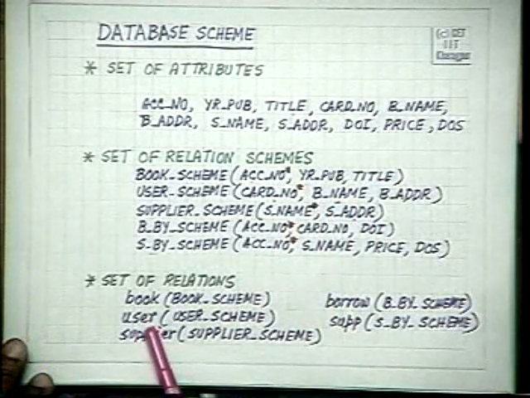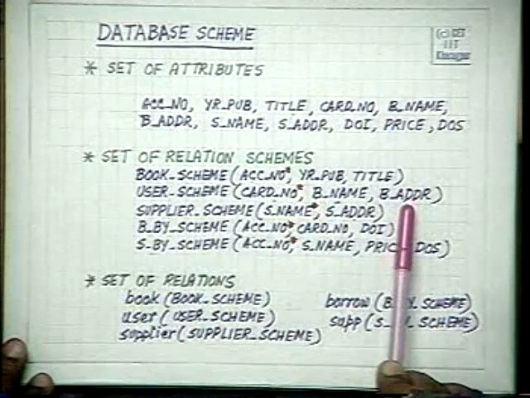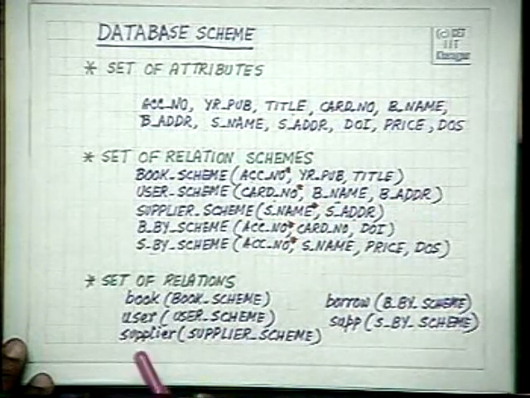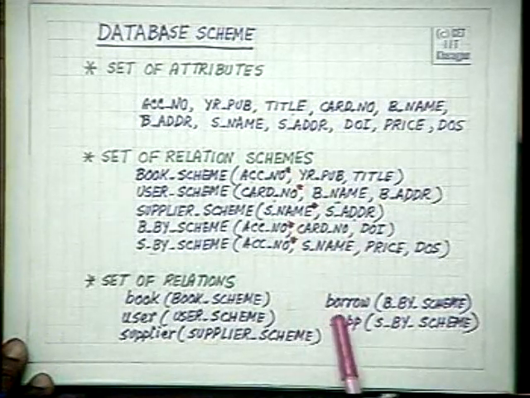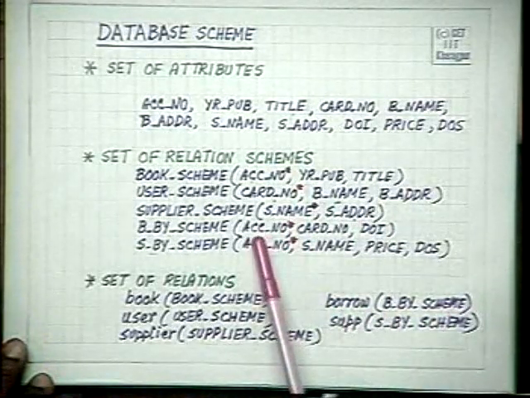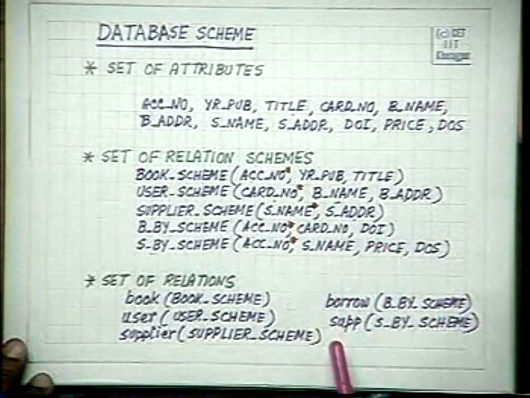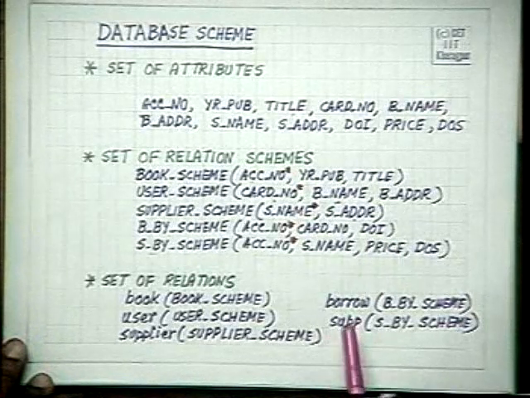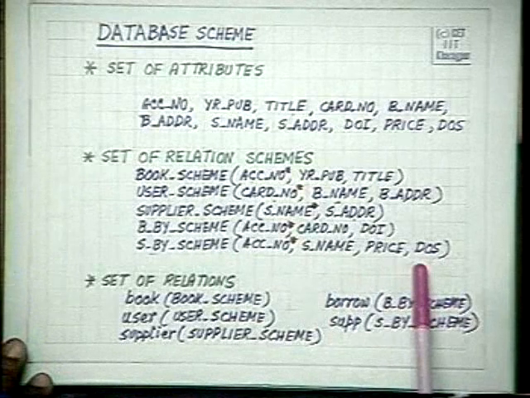We have got the user relation, which has got card number, borrower's name, borrower's address. We have got the supplier relation, which has got the supplier name and supplier address. We have got the borrow relation, whose attributes are accession number, card number and date of issue, and the attributes of the supply relation are accession number, supplier name, price and date of supply.